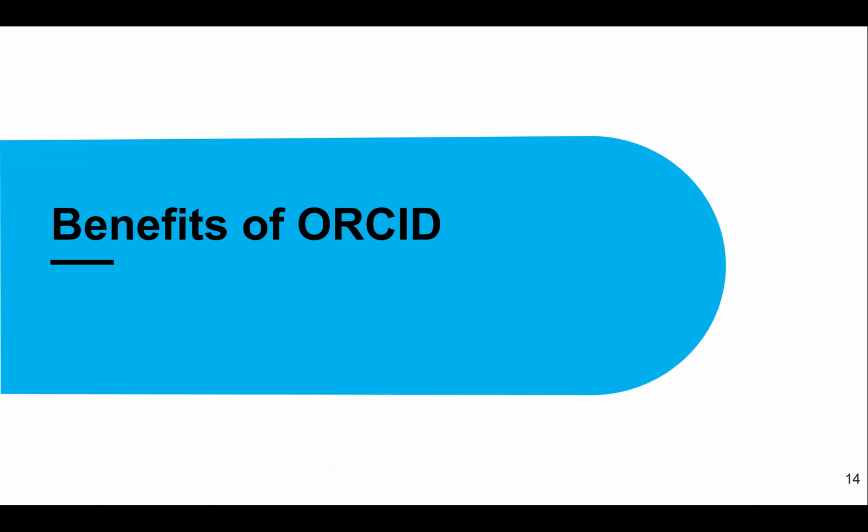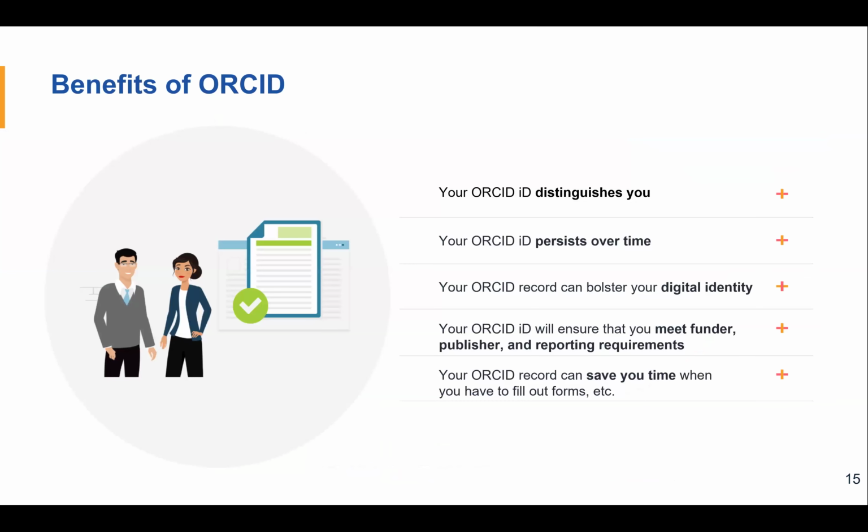Now, let's talk about the benefits of ORCID. So ORCID distinguishes you from others, so that's a big part of that. Your ORCID ID also persists over time, even if your name changes or if anything else in your life changes.